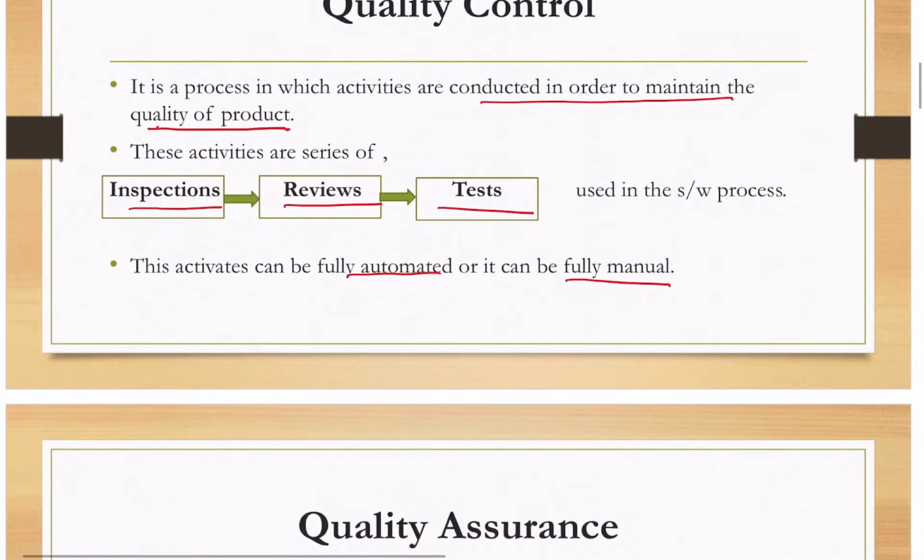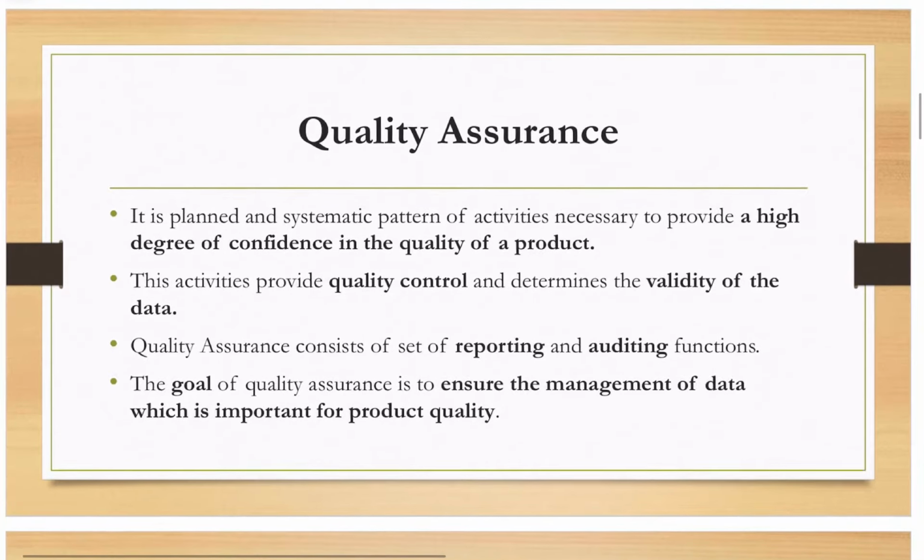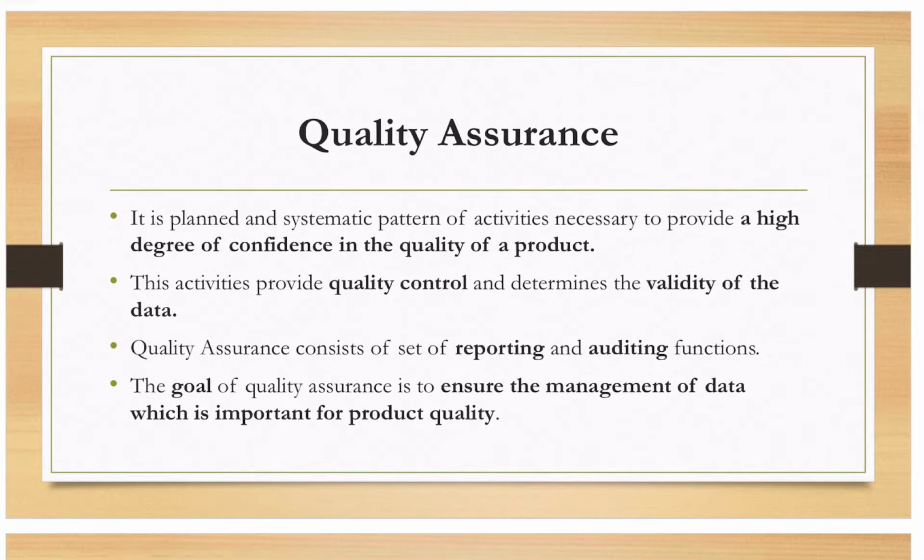Now, what is quality assurance? It is a planned and systematic pattern of activity necessary to provide a high degree of confidence in the quality of the product. These activities provide quality control and determine the validity of data. The assurance consists of a set of reporting and auditing functions.